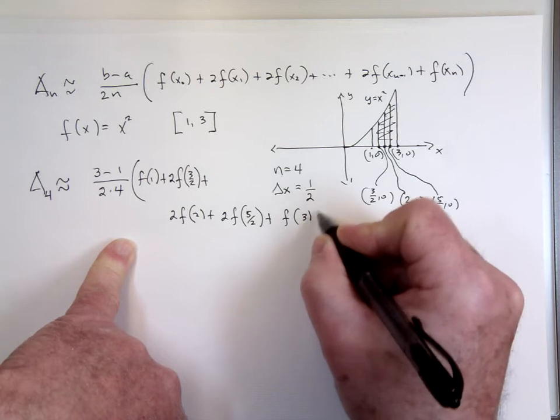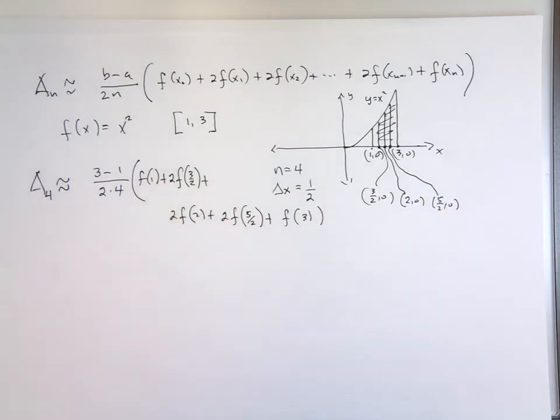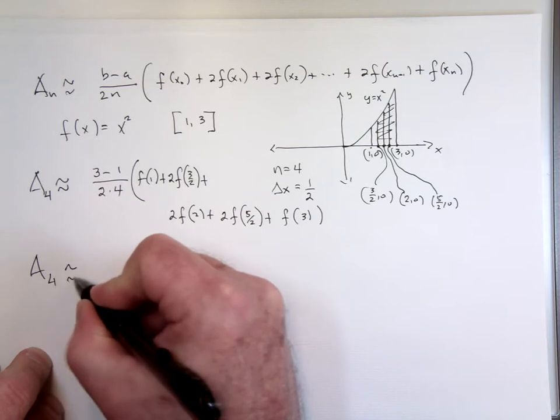Poor planning in here. All right. So the area in terms of 4 trapezoids is 2 over 2, it's 1/4.